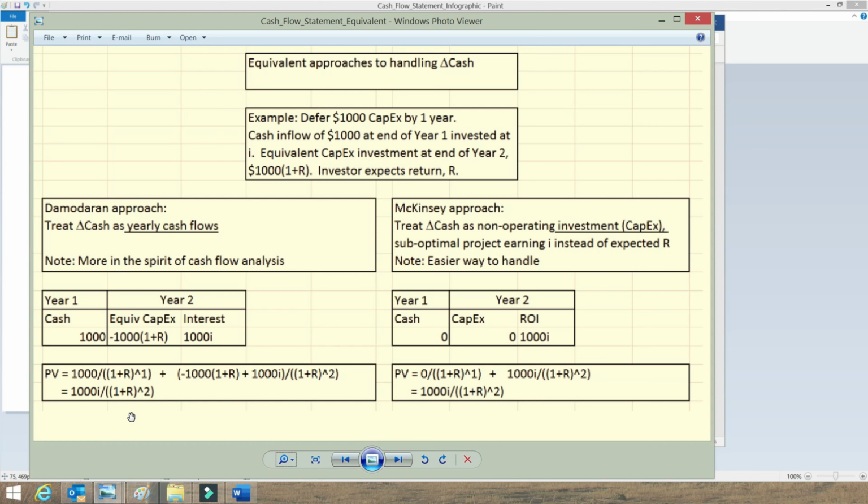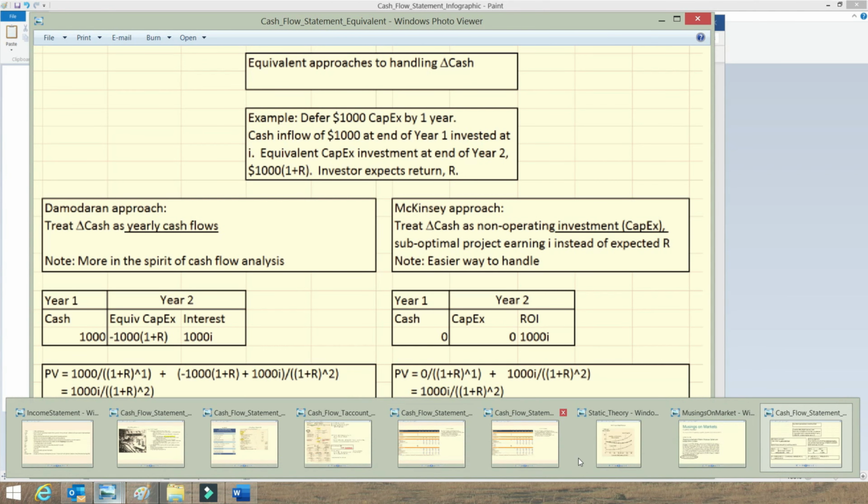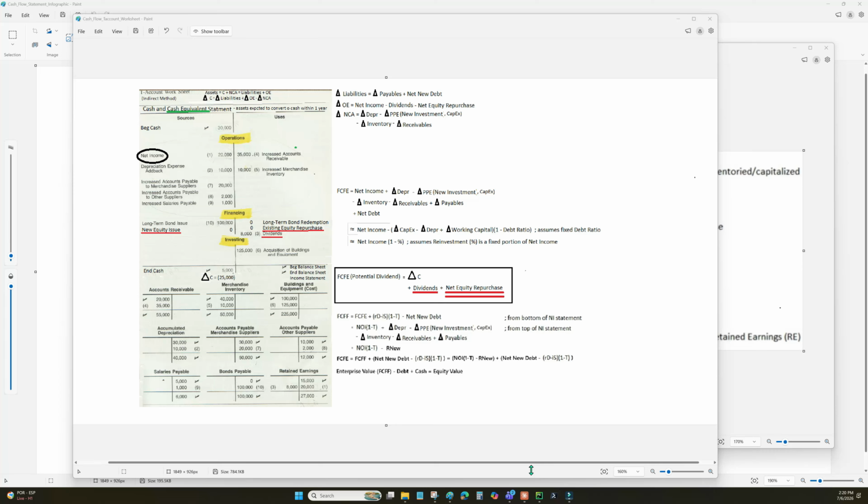So either treat it as just another project and don't recognize the cash flow, or you do what Dr. Damodaran does and recognize the yearly cash flows. Now again, Damodaran's approach is more in the spirit of recognizing cash flow. And cash flow really is from 3 different sources.